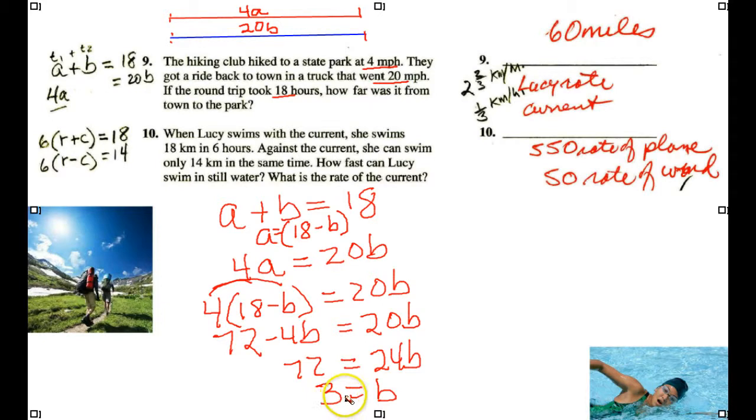But they don't want to know the amount of time, they want to know the distance. So then we take 20 times B, which is time, and that gives you 60 miles. So these folks walked 60 miles. Wow, that's a long trip. No wonder they wanted to ride back to town.